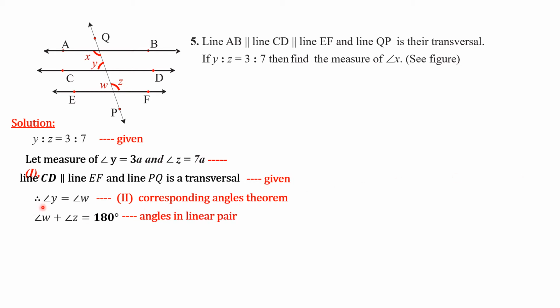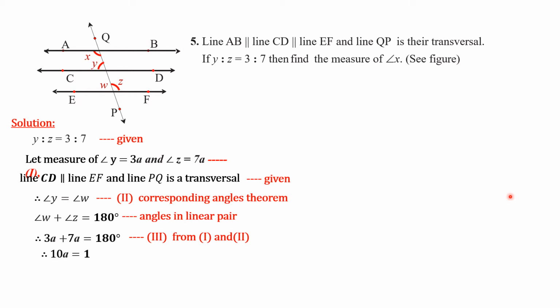Now we know the value of Z and value of W because Y and W are equal. Now substitute the values. 3A plus 7A is equal to 180. This is statement number 3 from 1 and 2.